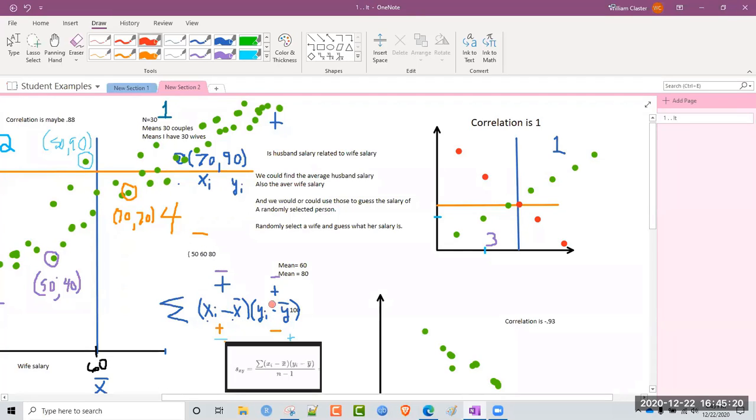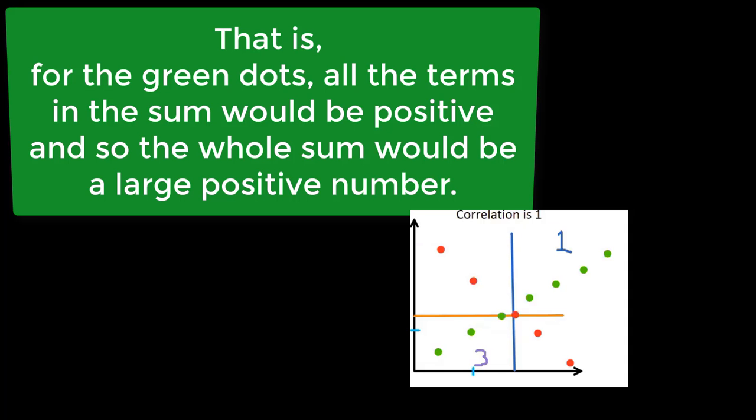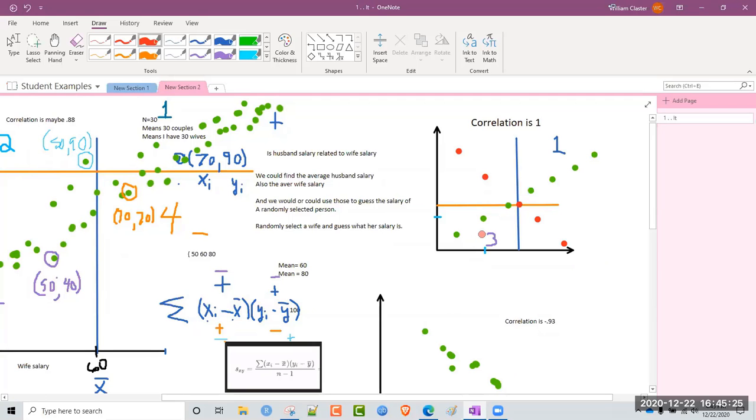So for the green dots, this would be a large positive number. For the red dots, all the contributions are going to be negative. So this would be a large negative number if I did it just for the red dots.